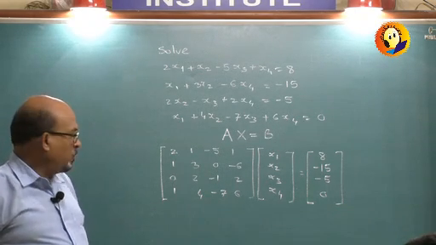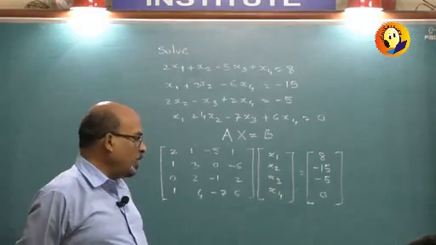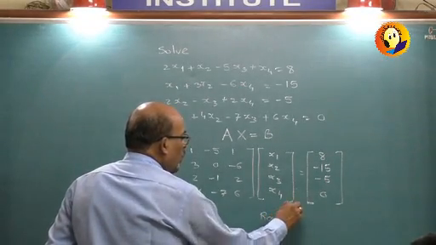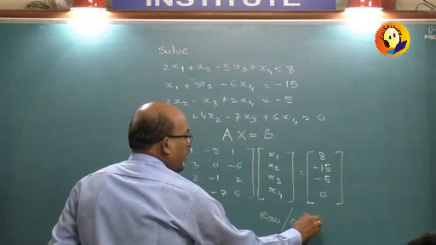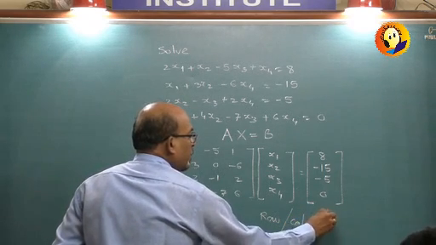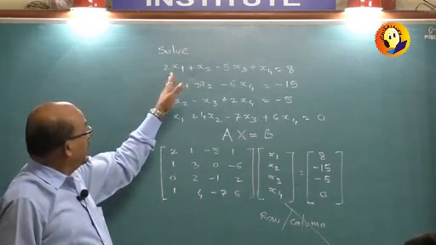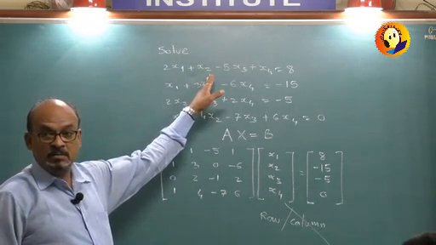Row and column transformation. So what he is suggesting is row and column transformations. The word he has used is row column transformations, not column, because if you add this to this, the meaning changes.